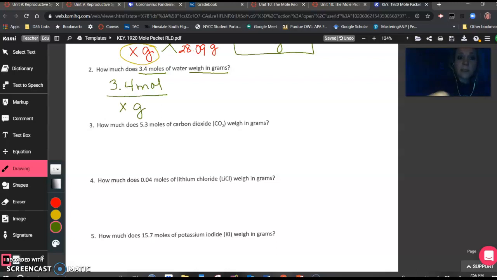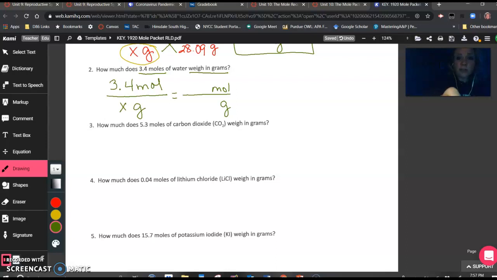Awesome. Now I have to make that equal to another fraction. Since I have moles on top on the left, I keep moles on top on the right, and since I have grams on the bottom on the left, I'm going to have grams on the bottom on the right. Now I have to figure out what to put here.